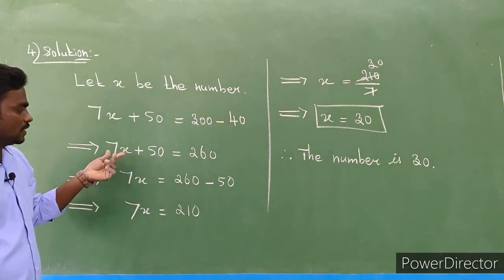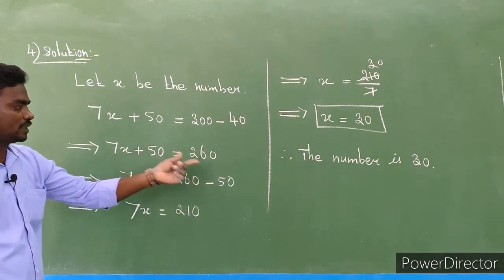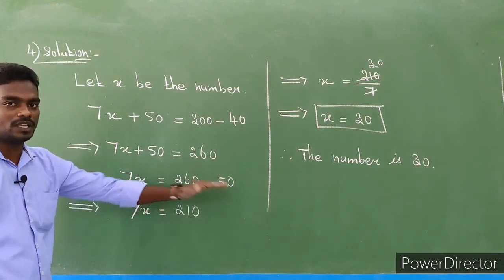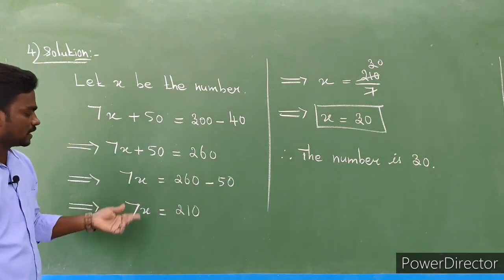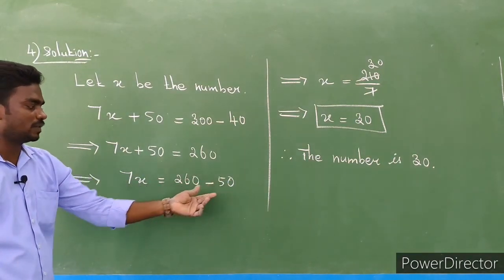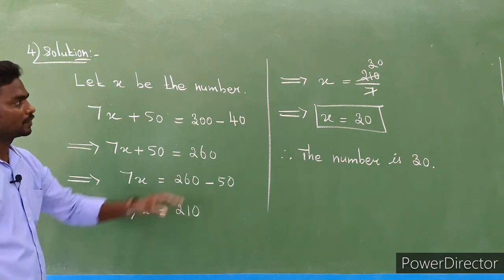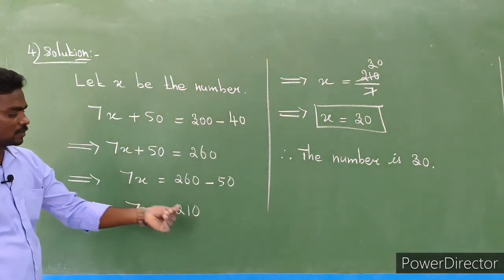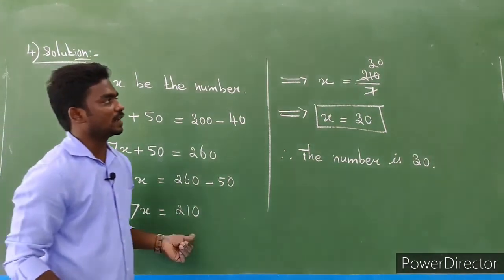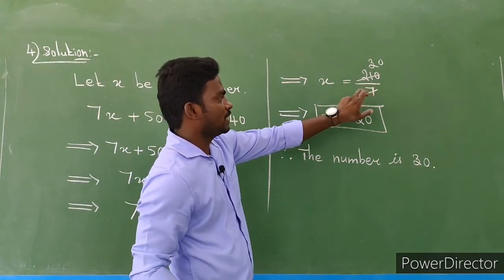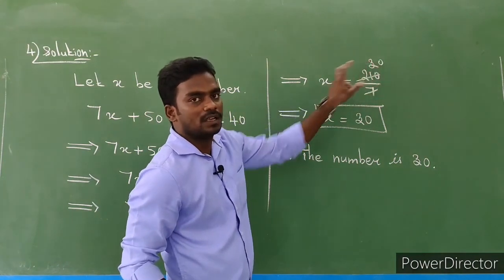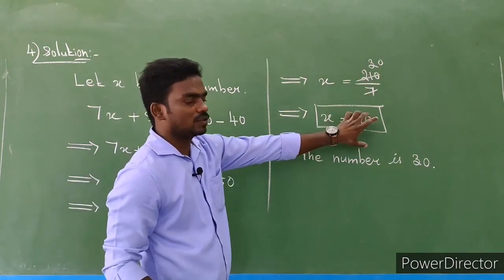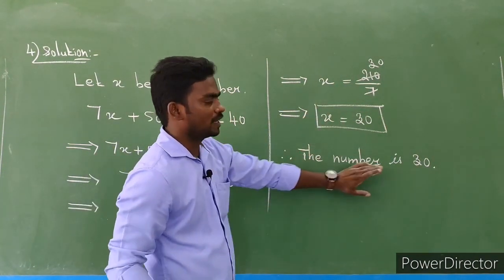We keep the value 7x on the left side and 50 transposing to minus 50 on the right side. Implies that 7x equals 260 minus 50, that is 210. Next keep the value x on the left side. So this 7 is transposing to division on the right side. So 210 divided by 7, the value is 30. Implies that the value of x is equal to 30. Therefore, the number is 30.